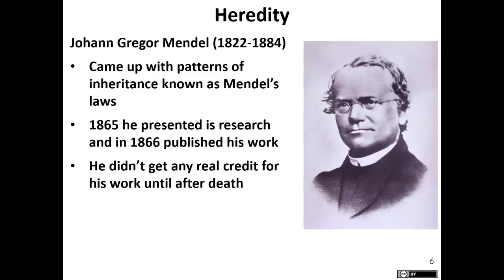And he studied pea plants. He presented his research in 1865, and he published it in 1866. He worked on pea plants for years, always using true breeding, which means homozygous pea plants, so organisms that have the same type of characteristics, dominant or recessive.